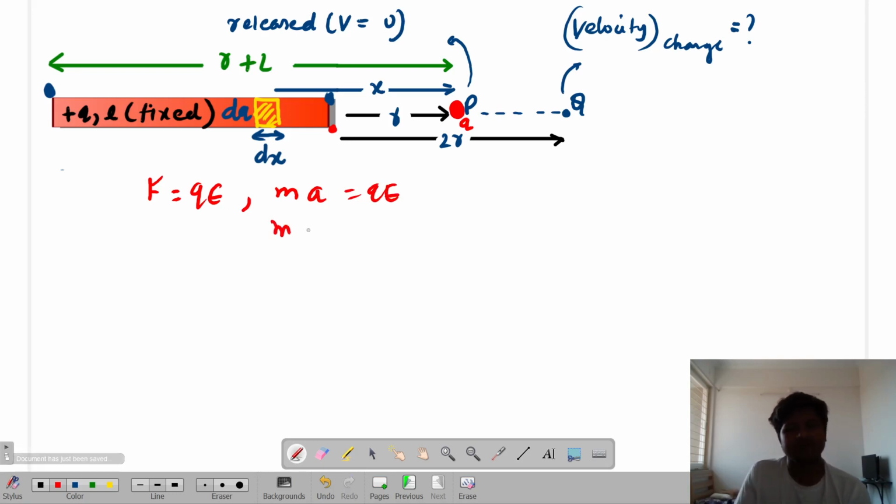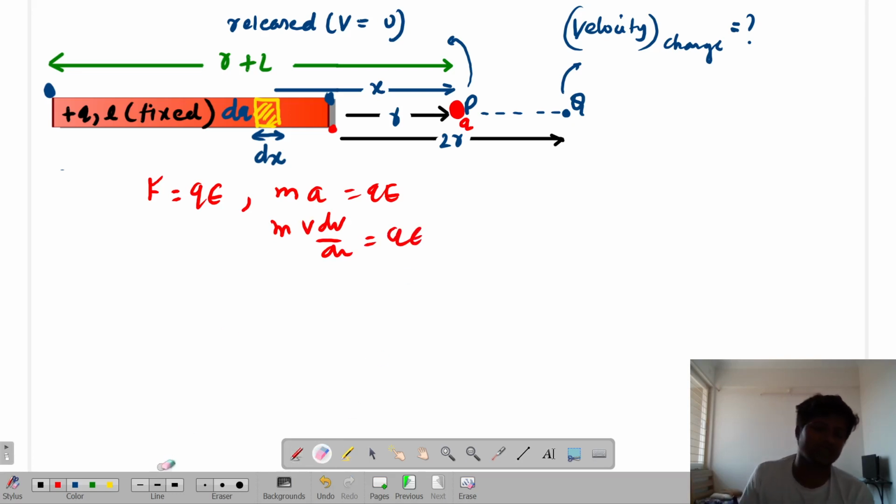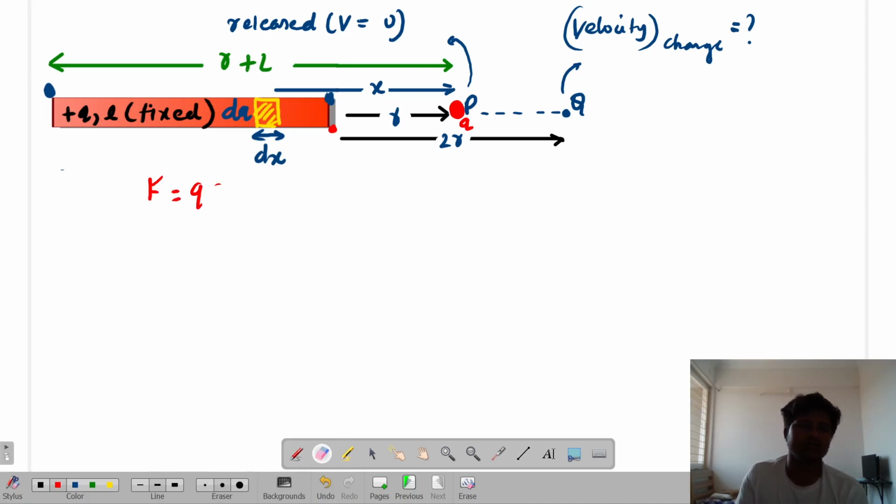So you can use the formula V dV by dx is equal to QE, and then you can solve it. But that's a tedious task to do. So you will use the work done.